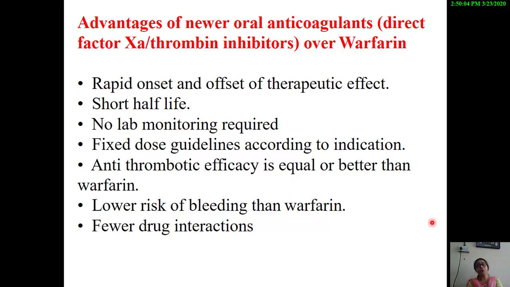Okay, coming to the advantages of these newer oral anticoagulants, that is the direct factor 10A inhibitors and the direct thrombin inhibitors, over warfarin, which I mentioned. I'll just read through them. They have a much more rapid onset and offset of therapeutic effect as compared to warfarin.